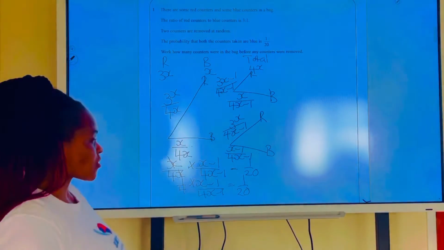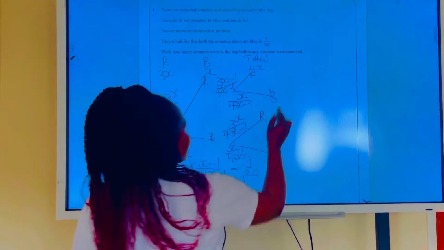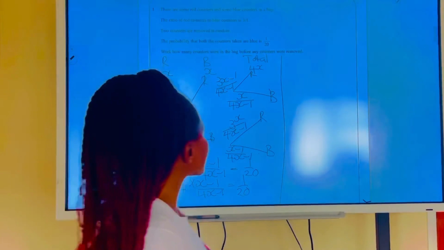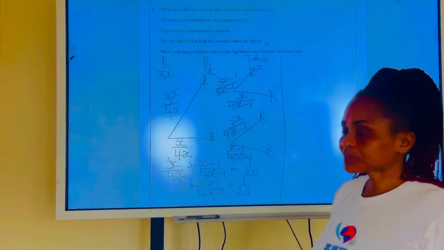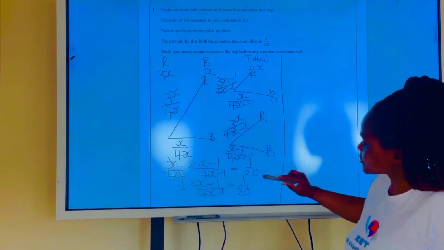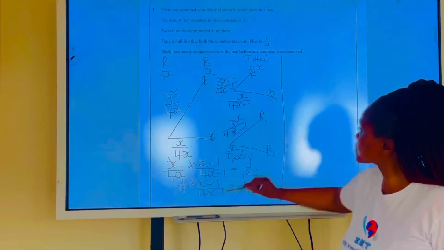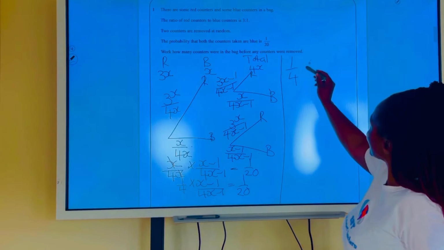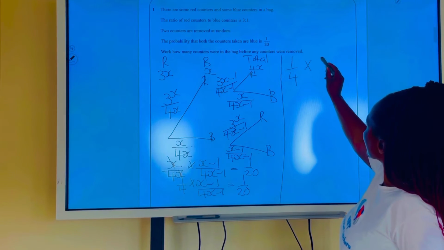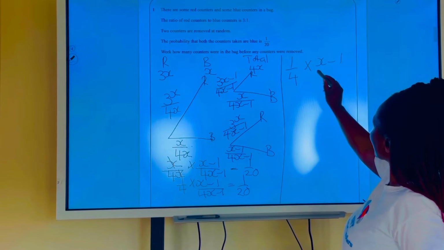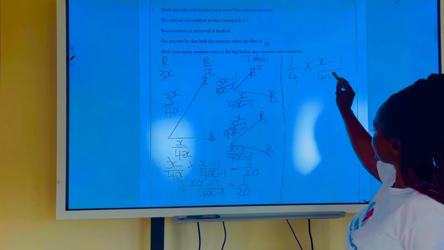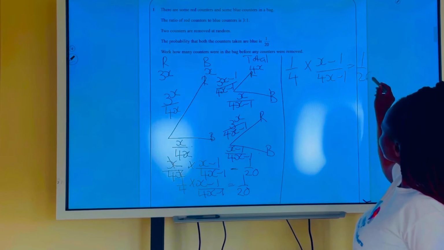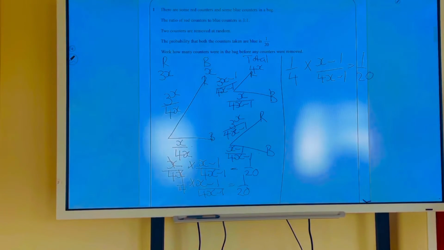Because of the space, I will move to the other side of my board so that you can see. I'll recopy this: 1/4 times x minus 1 over 4x minus 1 should be 1/20. That's the stage I am now at.